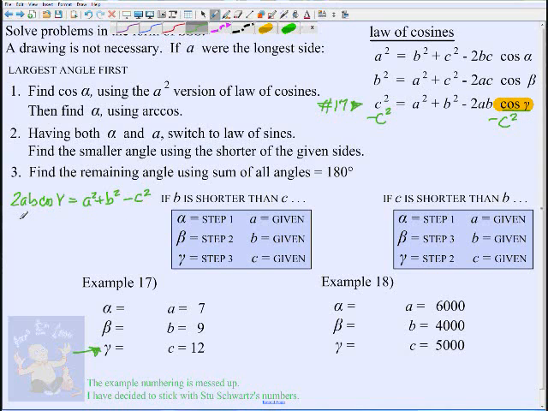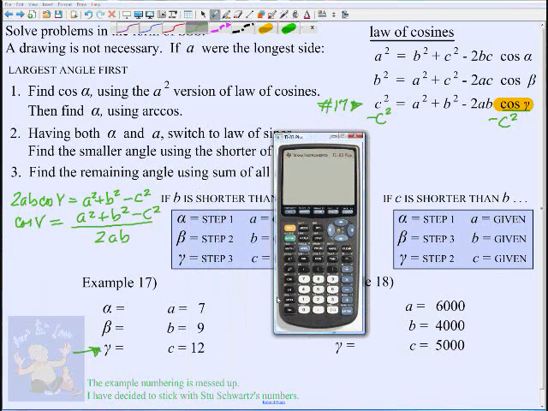So I know that the cosine of gamma is going to equal a squared plus b squared minus c squared divided by positive 2 times a times b.